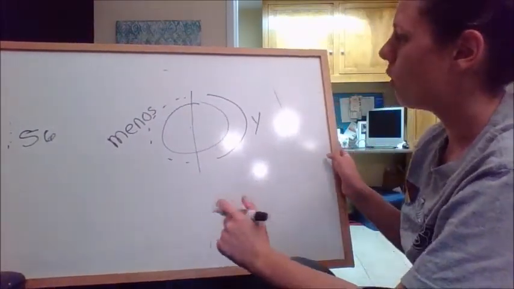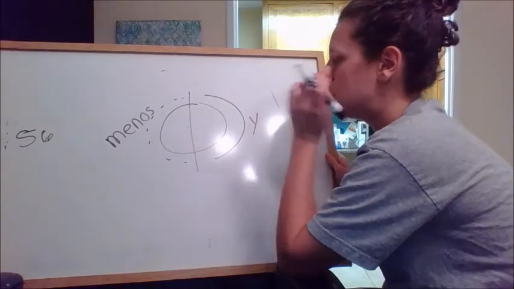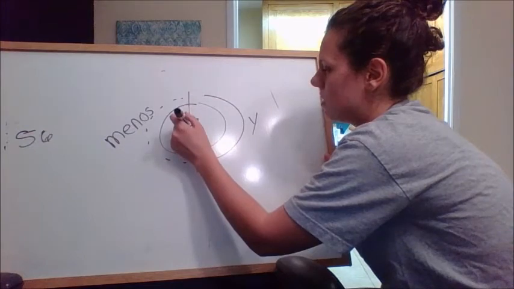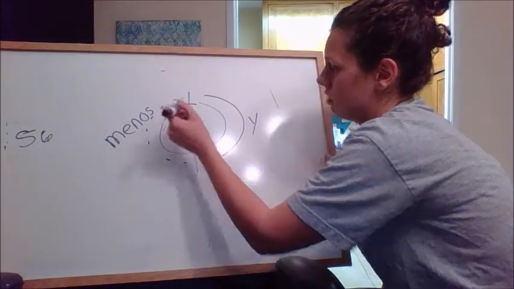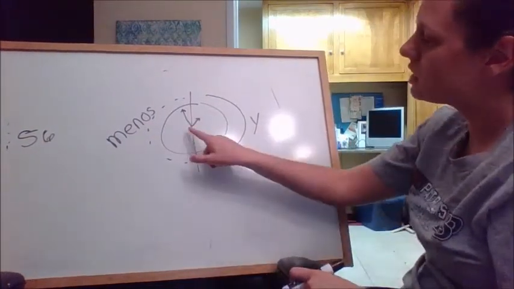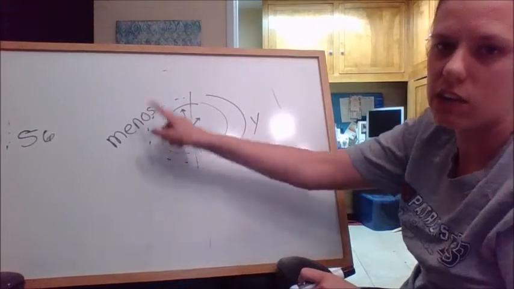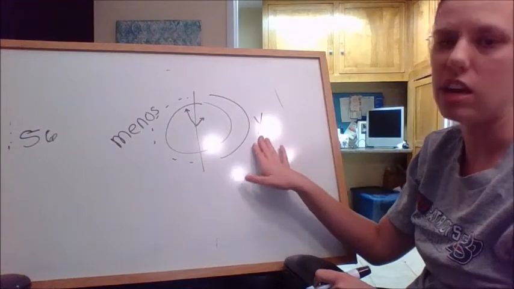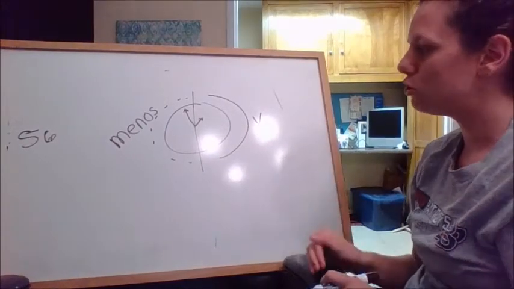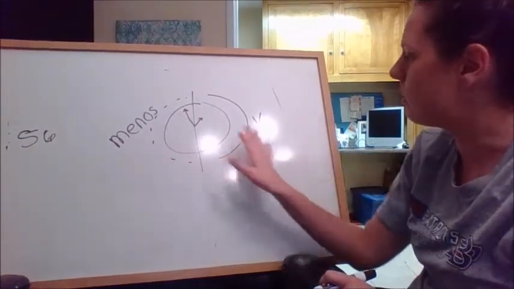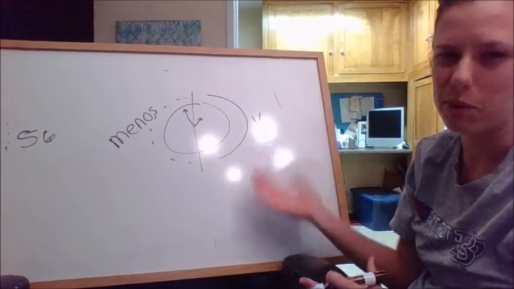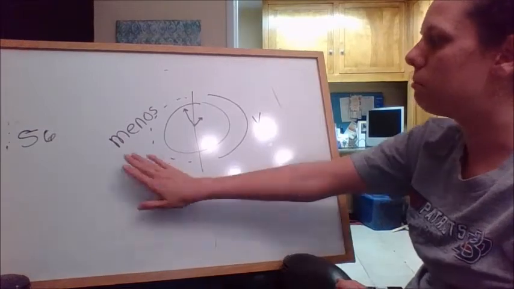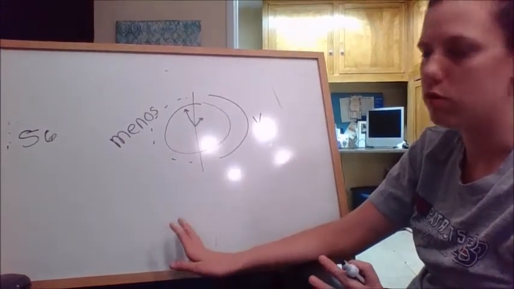So if this is my clock and it's 1:56, my little hand is right here and my big hand is right here. Because this minute hand is on this side of the clock, you have the option of using menos instead of y. Remember, I told you that this is a little bit more old school and this is going to be understood by pretty much anybody that you talk to. But some of you did menos on your homework, so I'm just going to go ahead and review that real quick.